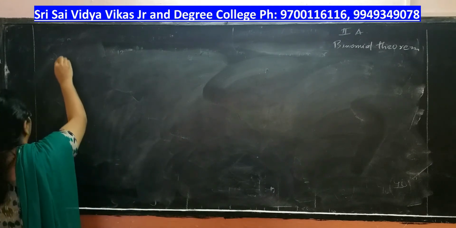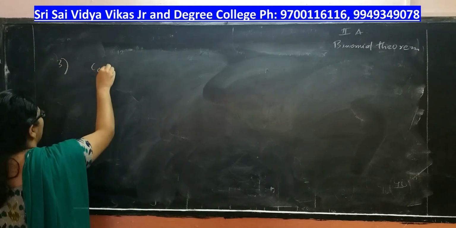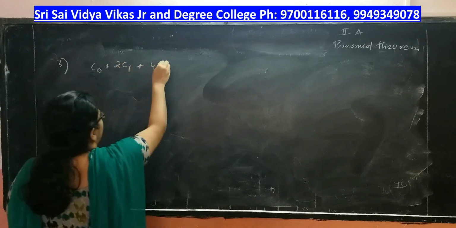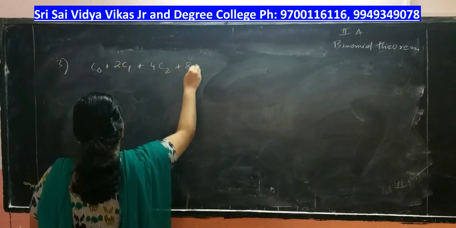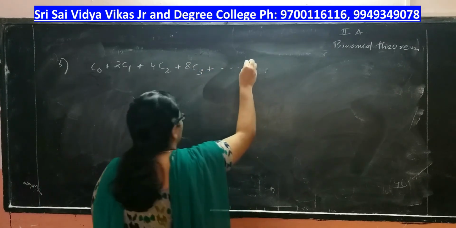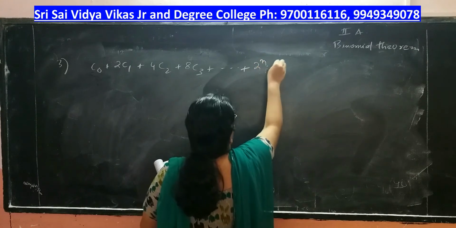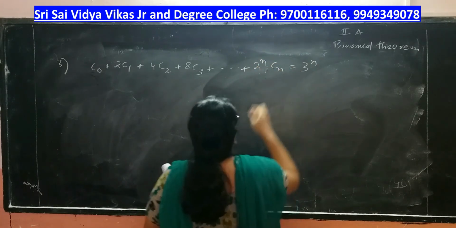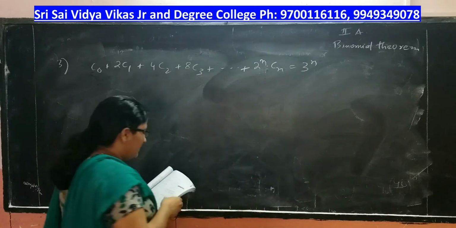Next problem: prove that C0 + 2C1 + 4C2 + 8C3 + and so on + 2^n Cn is equal to 3^n. You have to prove this.